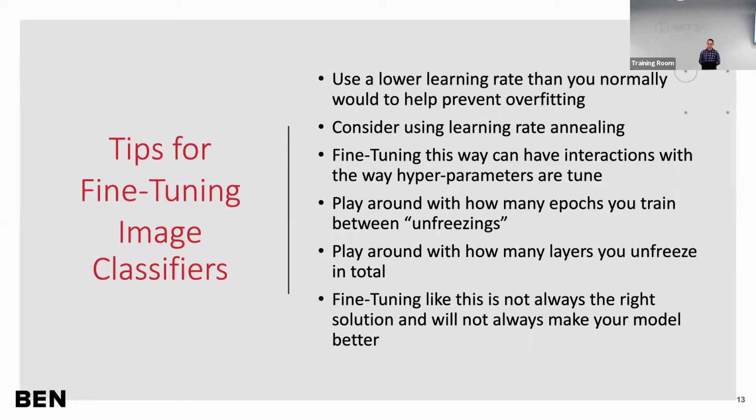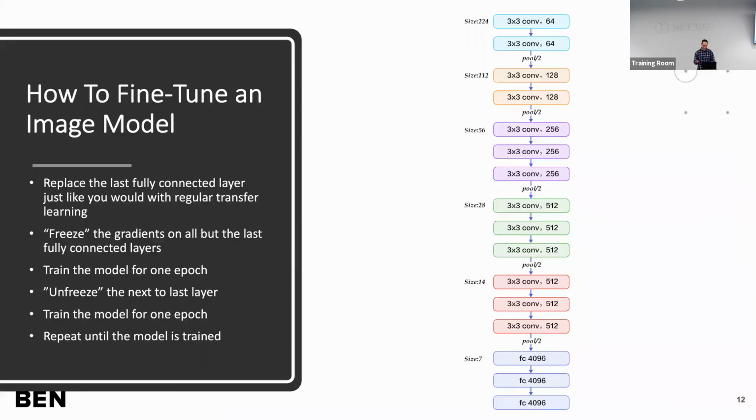Another thing is how many layers you unfreeze in total. If we look at our model again, the very top is learning a lot of high-level features about images, whereas our layers closer to the bottom, the red ones, are learning the fine details of images. So it may be that you don't necessarily need to retrain and unfreeze all the way from the top to the bottom.